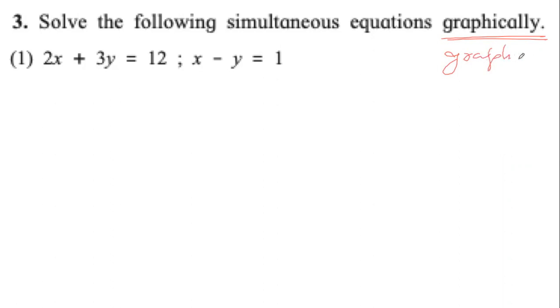We will need a graph paper. But even before we get to the graph paper, we need to find the points that we will show on the graph paper. To find the points, we will have to work with these equations separately. Let us number them as 1 and 2.